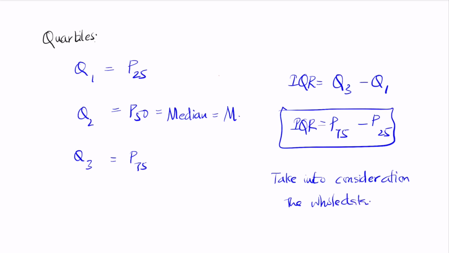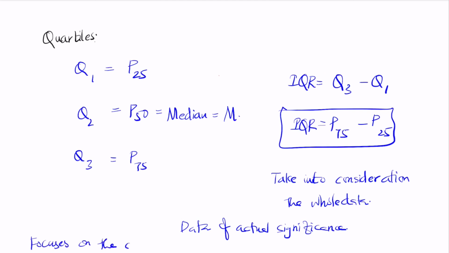So one way of looking at the interquartile range is as the data of actual significance, because it focuses on the central 50% of the data of any given sample. So this is how we find the interquartile range.